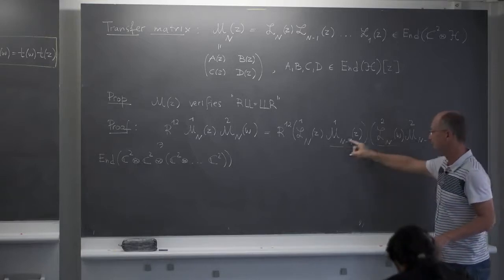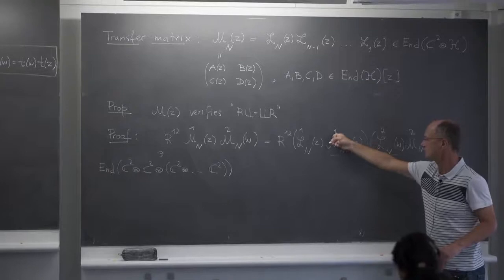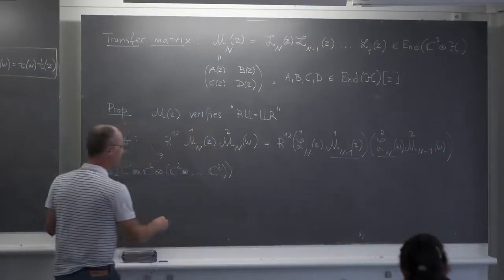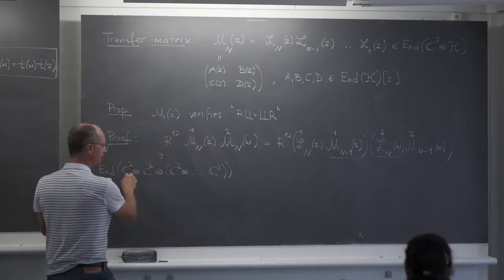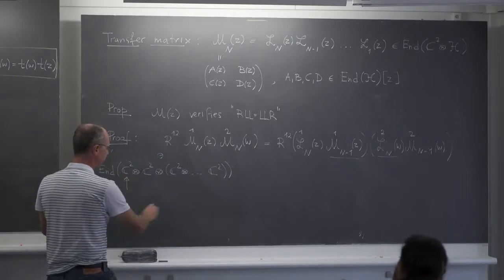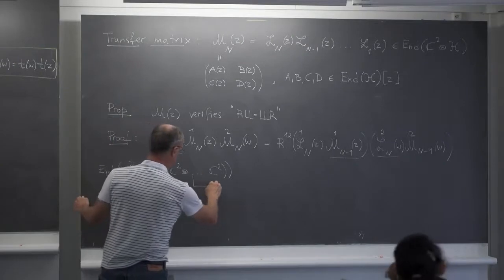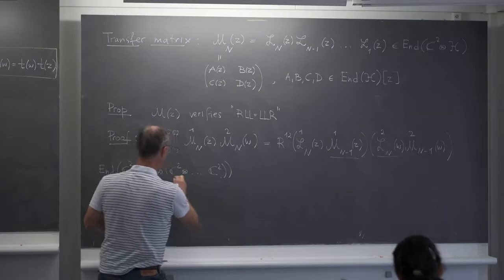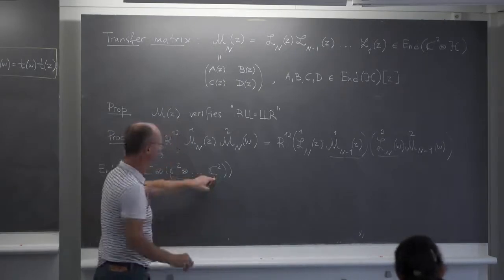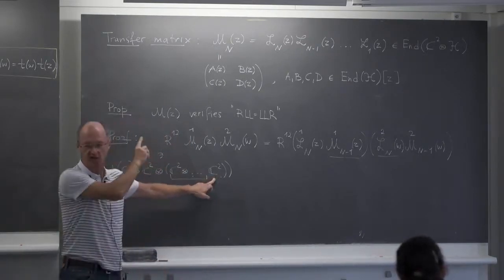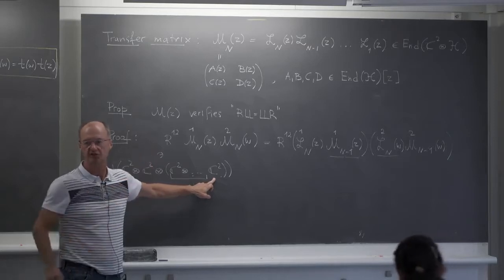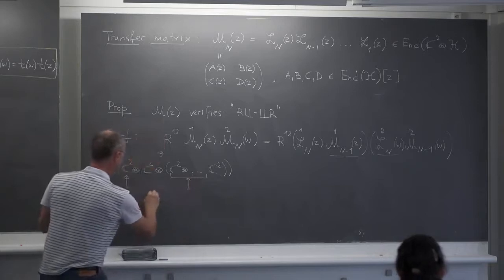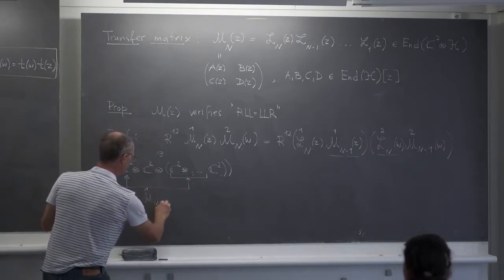So why is that? That's because this guy, M1, acts on this space and on all these spaces, but not on the last one, right? Because I didn't use Ln in defining Mn minus 1. So that's where M1 and minus 1 acts.